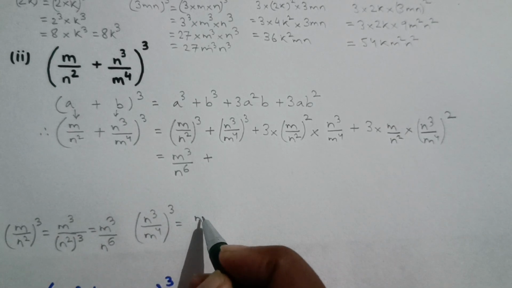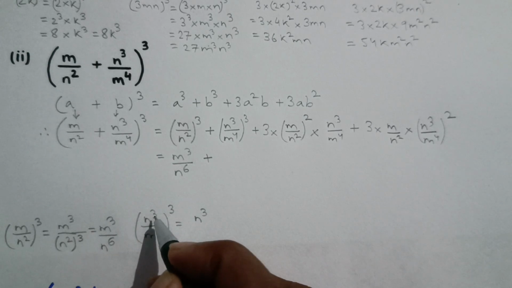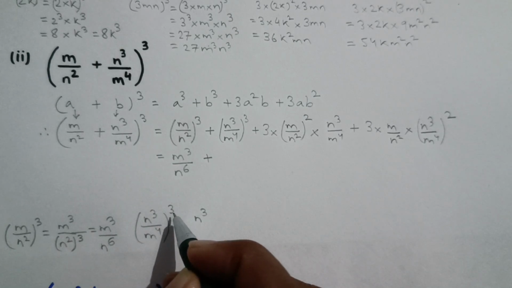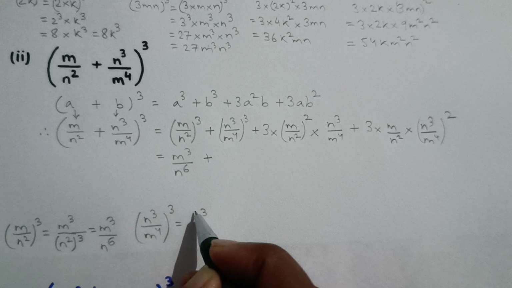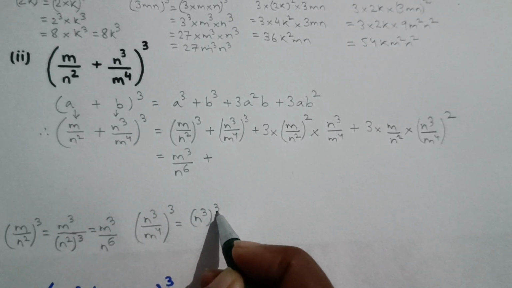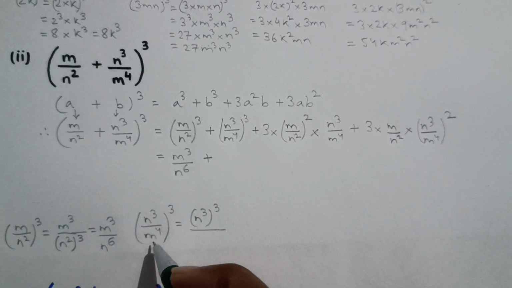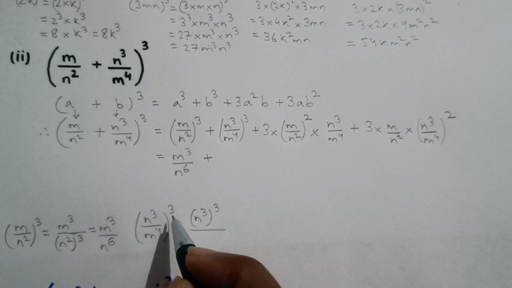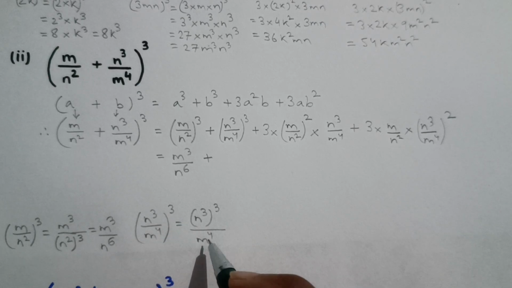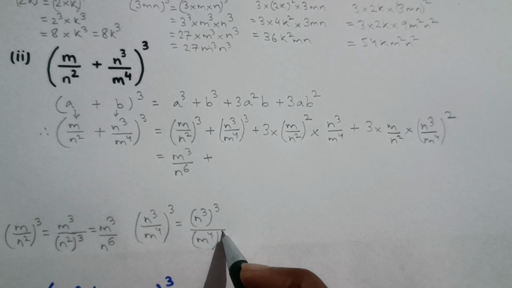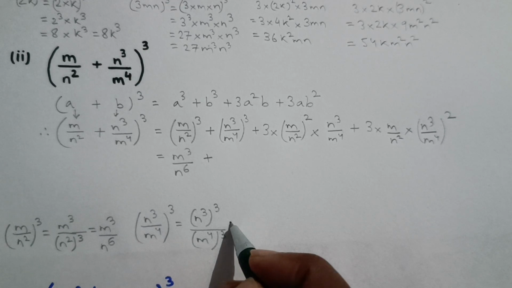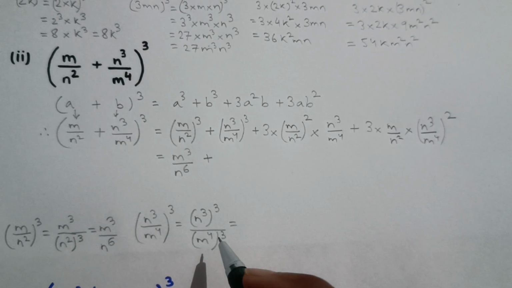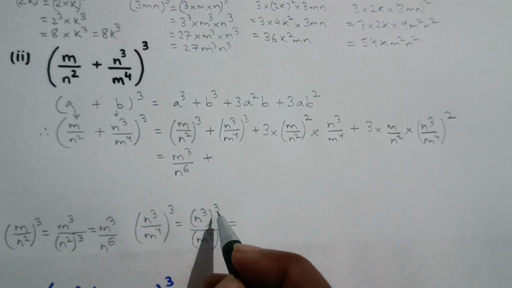So this will be (n cube) whole raised to the power 3 upon (m to the power 4) whole raised to the power 3. And that is equal to, again use your knowledge of exponents, (n cube) whole cube.